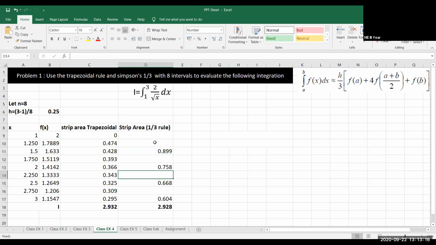Suppose some value here, 0.25 or 0.05, is there. Just click on it and delete. You will get the correct result. Any other queries?